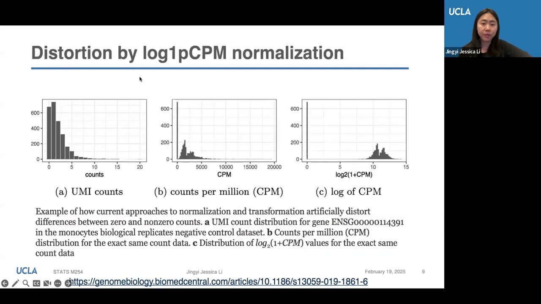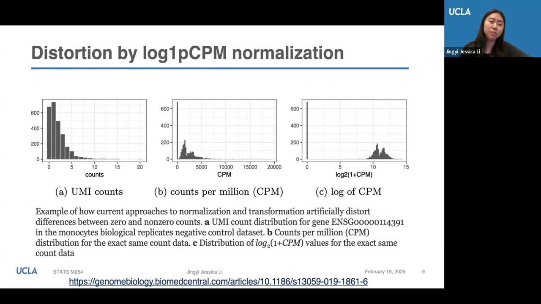So it's a generalization. First, let's look at the authors' motivation, which is that you will have data distortion by doing this log 1p CPM. This is the UMI count of one gene in cells. We're plotting a histogram of the distribution. It should look like a unimodal distribution, right?